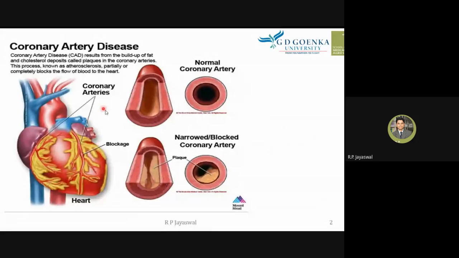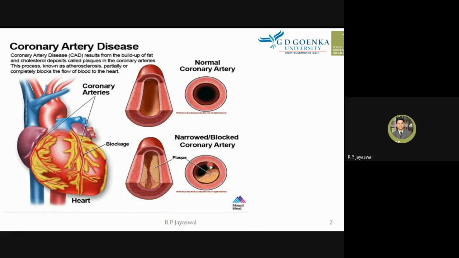Here the specific artery shown is a coronary artery. This atherosclerosis process can be partial, or it can be complete. We can see this is partial. Half of the lumen has been deposited with fat and cholesterol in the form of plaque. So this is partial atherosclerosis.